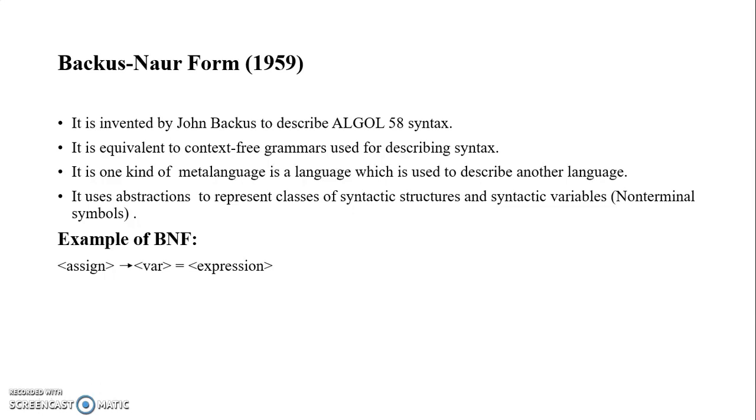Meta means self, like metadata, data which describes itself. Like metalanguage, a language which could describe itself. And it uses abstraction to represent classes of syntactic structure and syntactic variables like non-terminal symbols. Here I have provided one kind of example, but I'll get into details.